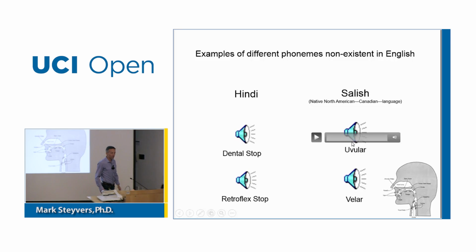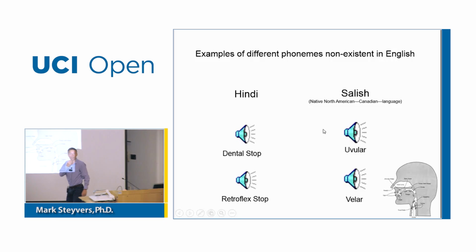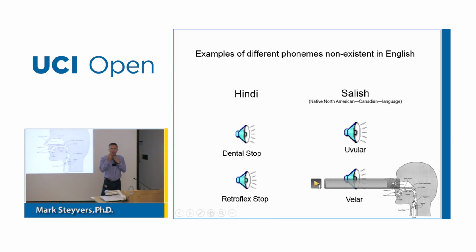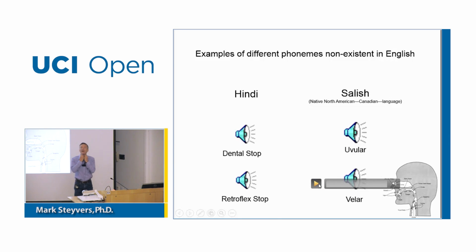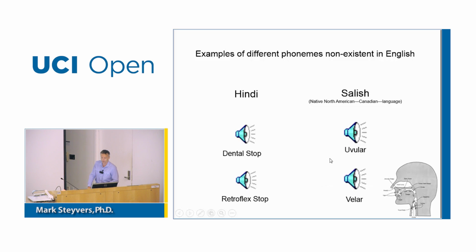And the subtle difference, which you don't have to know, and this graph is a little small here, is that the back of the tongue can be placed against the velum or against the uvula. Normally we don't do that in English, but that small change in the position of the back of your tongue makes that distinction between the uvular and velar consonants, something that we can't hear.